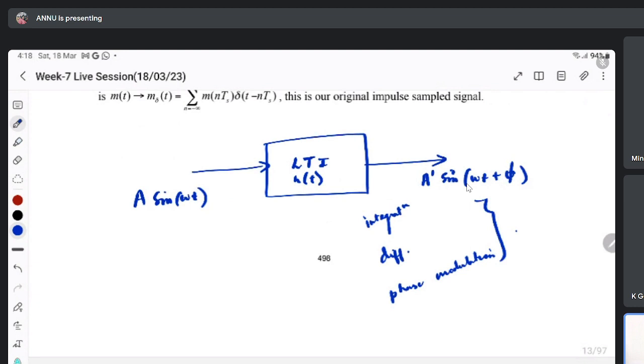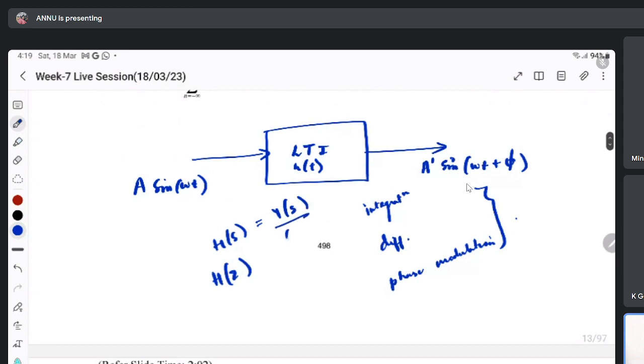And one more thing, whenever we talk about a transfer function, we consider the initial condition of an LTI system to be zero, right? Yes, ma'am. So H(f), or we can call it H(z) if it is in terms of the Laplace transformation, will be Y(s) by X(s) provided x(0) equals 0, and here Y(z) by X(z) provided x(0) equals 0, meaning the initial condition of the input should be 0.